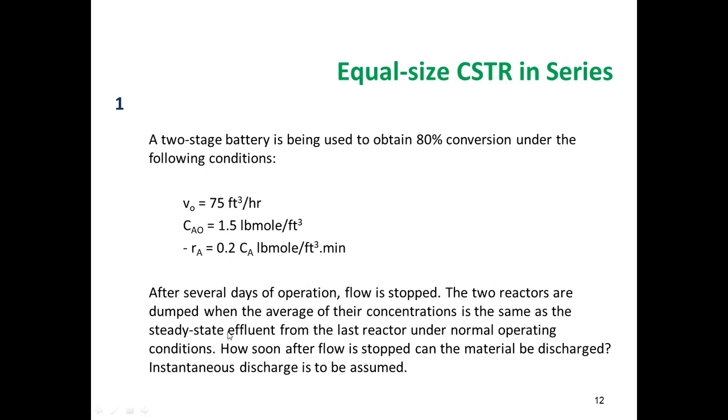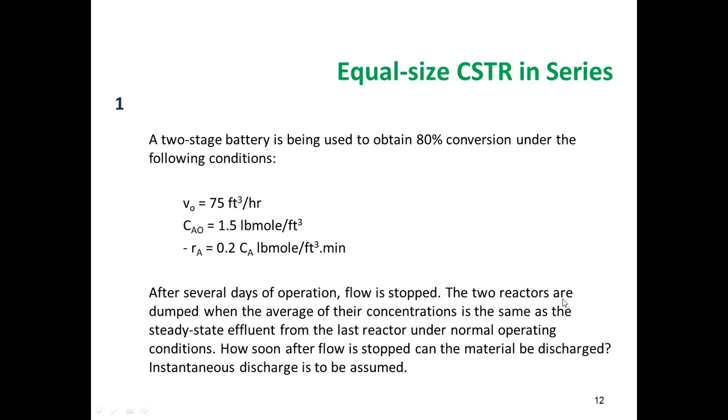What does this mean? The original setup is that you will have a two-stage battery and it should have 80% conversion. Now, after several days of operation, this is the real scenario. You have two MFRs arranged in series and it was not specified in the problem how long this was, but after several days, the flow is stopped and the connection between the two reactors is cut, or shall we say the two reactors now are going to process the feed inside them individually.